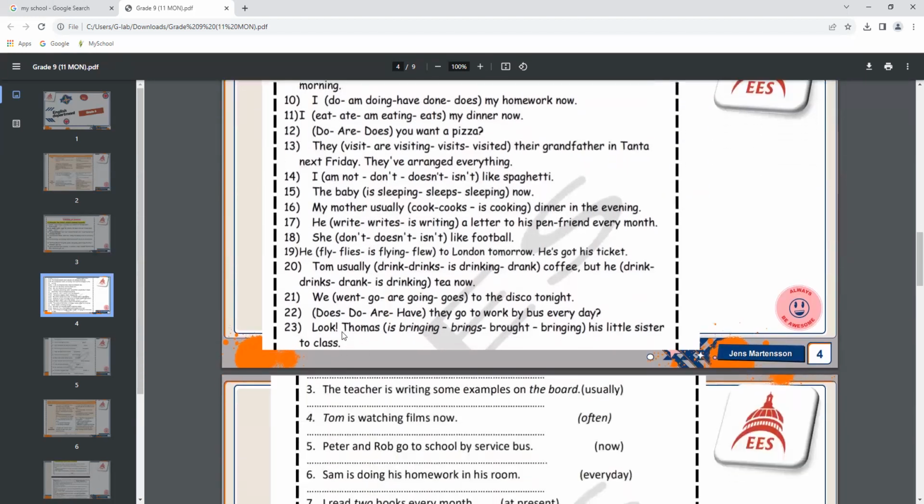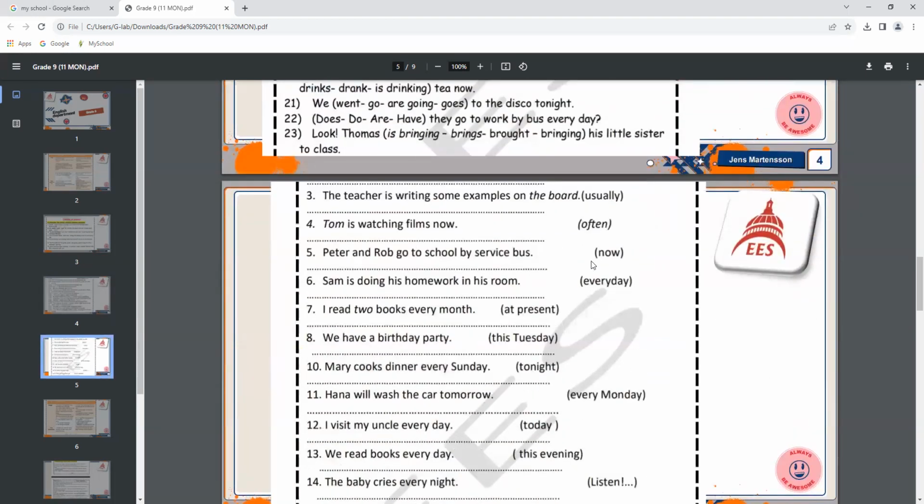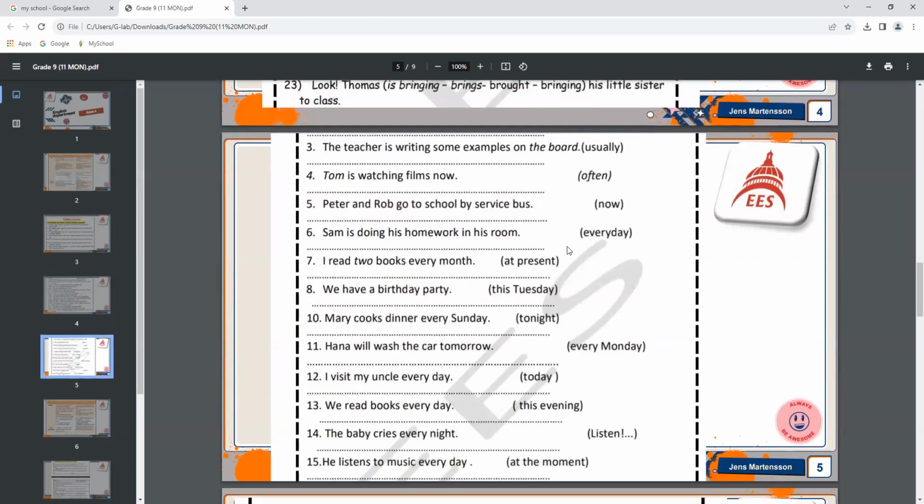Now let's take a look at number maybe 20. Tom usually, we have usually, so he usually drinks, but he is drinking tea now. Okay, let's take a look at these sentences. It's a rewrite exercise.